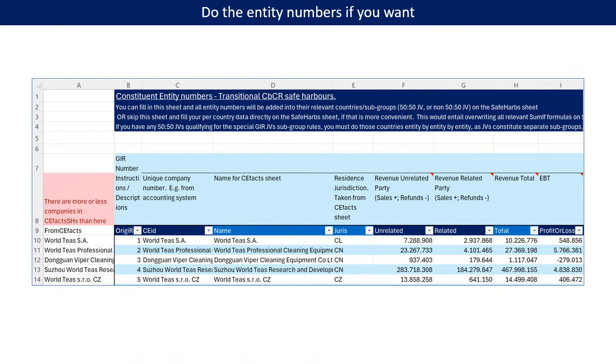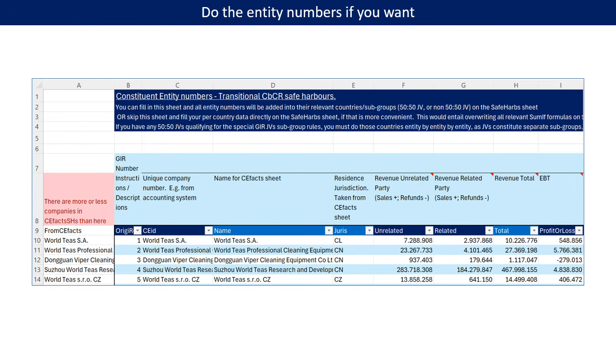Some groups may prefer to import their numbers on an entity basis into the tool, either because that's a quicker way of getting the country numbers into the country sheets, or because you are required to report the entity numbers in spite of us having the per country exemption for the first year or 2 to file the GloBE return.